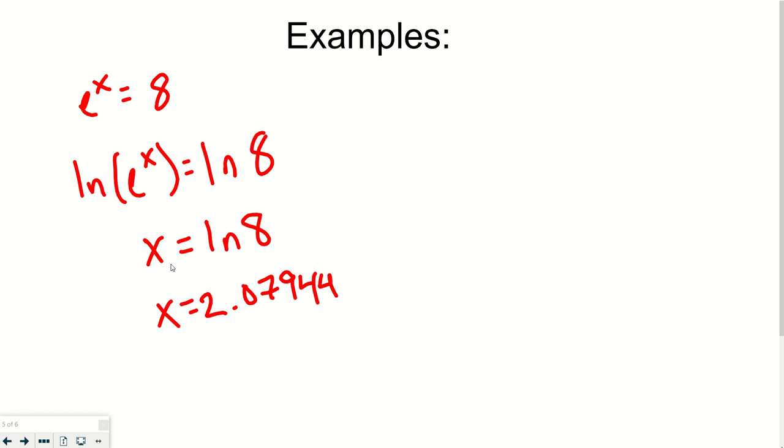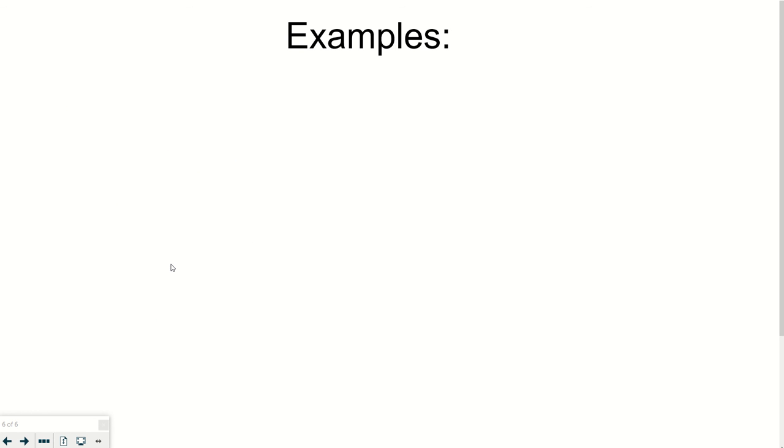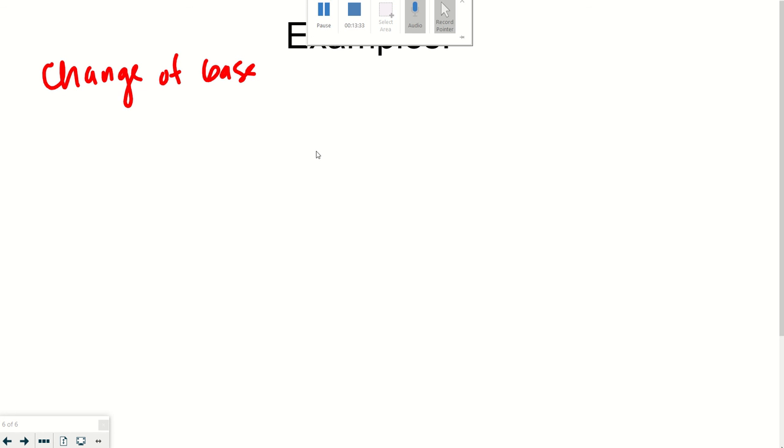Okay, so now I want to do an example with one of the checkups. Actually, I want to do one with the change of base formula. Remember the change of base.